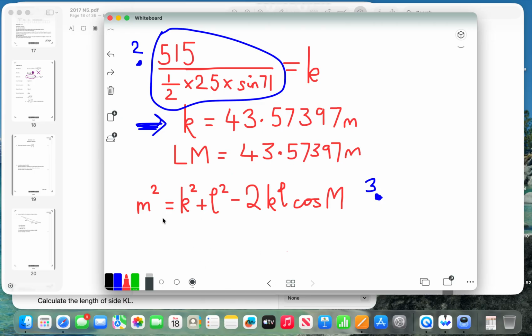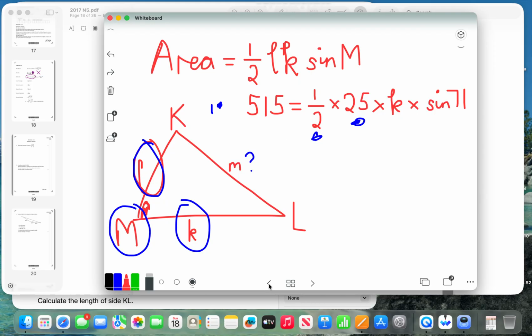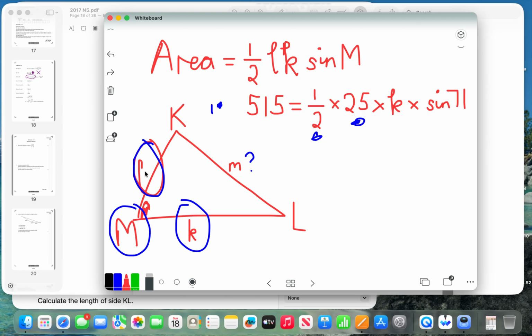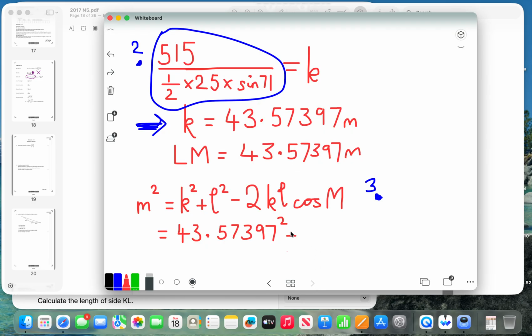Now, k is what we had in the last section, and we want to keep all of the decimal places. L is this km, and we know that's 25.